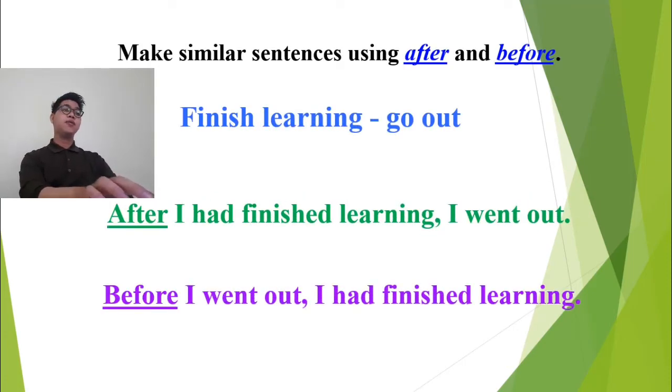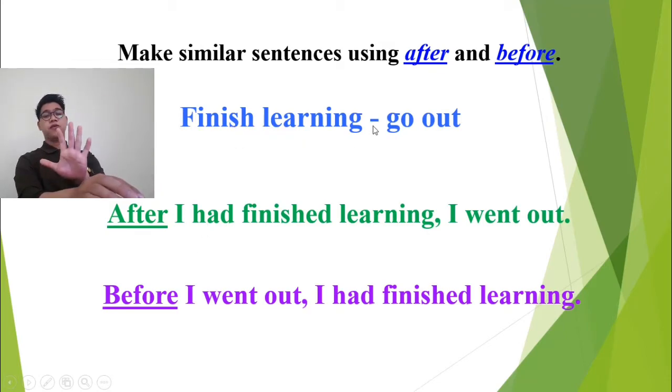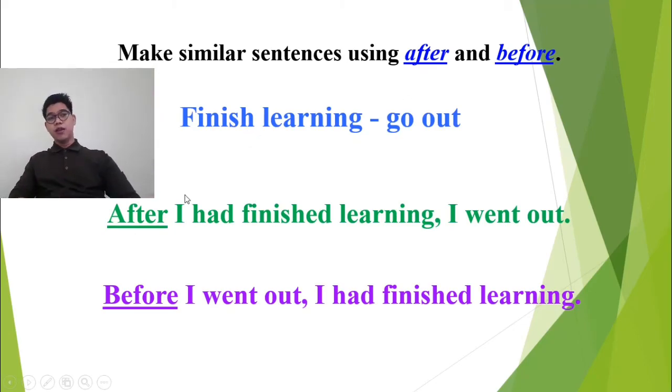Okay, maybe here I have to explain a little bit more about the similar sentences using after and before. Okay, finishing, go out. For example, finish learning and go out. After I had finished learning, I went out.